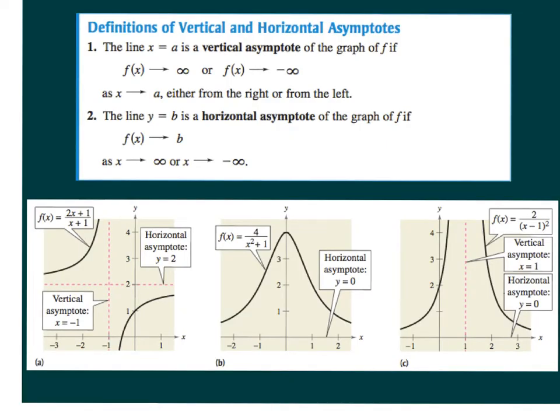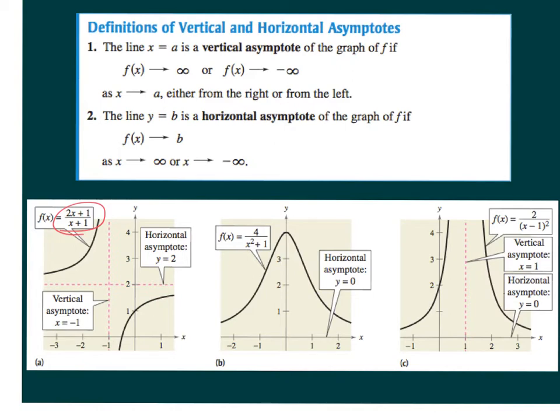All right, let's put it into practice. If I have the function 2x plus 1 over x plus 1, where is that one going to have a problem area in my domain? Remember, for a fraction, the bottom cannot equal 0.